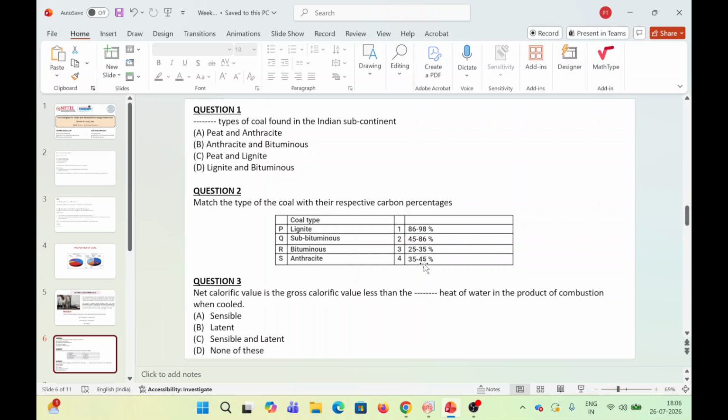Bomb calorimeter, then proximate analysis, ultimate analysis. We will be solving questions also, so no need to worry about that. And then the properties of the coal. Anyone, any doubts?